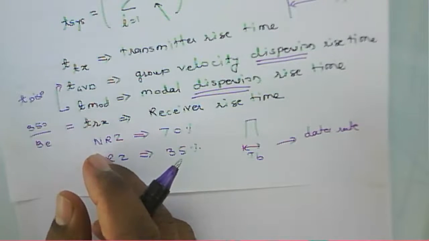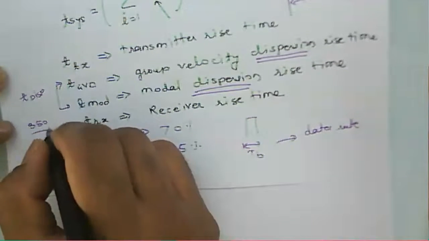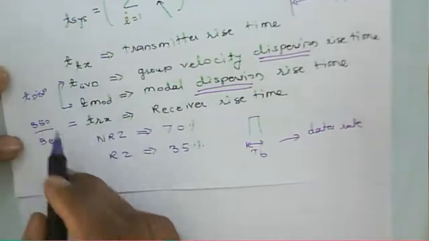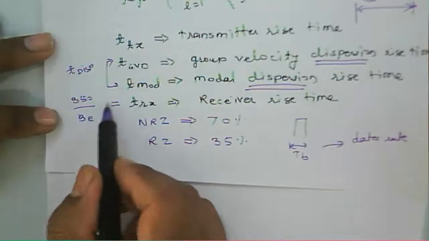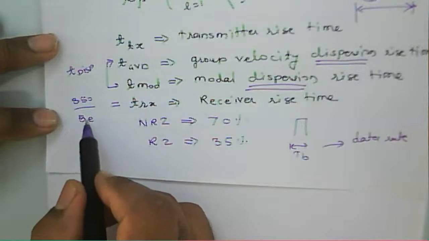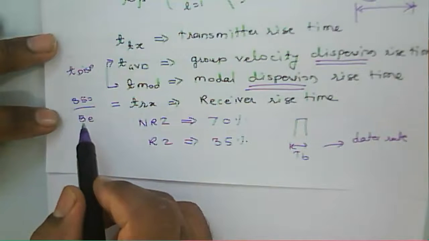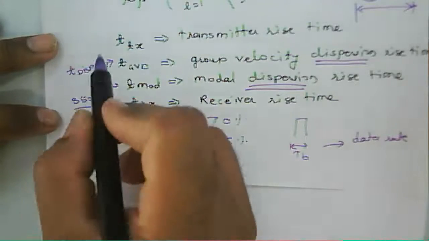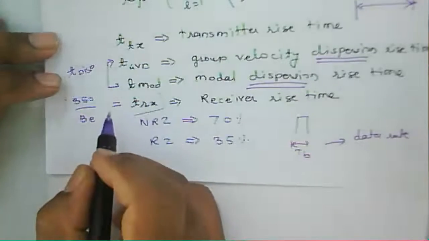Okay. So we are supposed to say that the receiver bandwidth matters here. Your receiver rise time depends upon the 3 dB electrical bandwidth at the front end. Then that is about the receiver rise time.